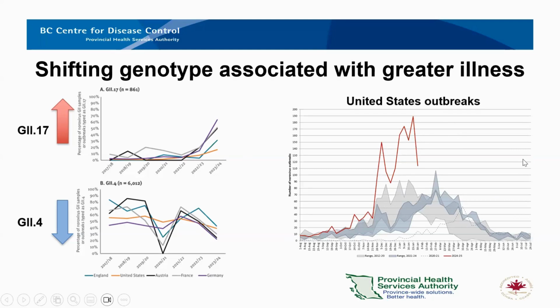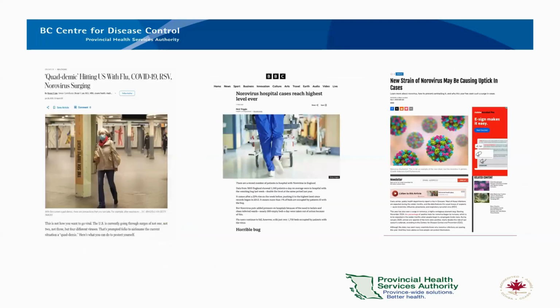So there's at least an association between the shifting of the genotype and a greater burden of illness across the population. You might be aware of some of the more recent news articles coming across in many different parts of the world, in the U.S., Canada, and Europe as well. So it seems to be something that's affecting a number of different geographies across the world.